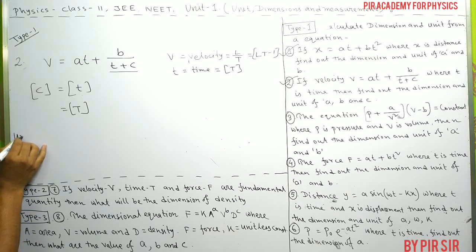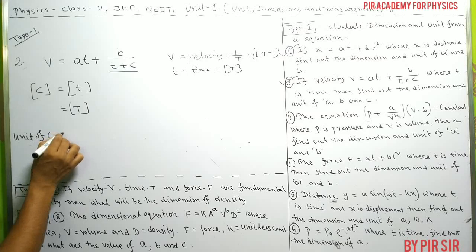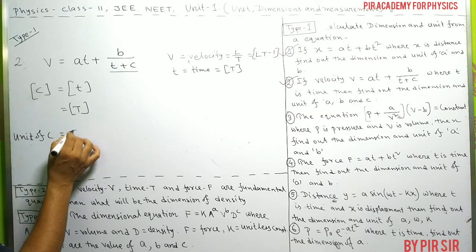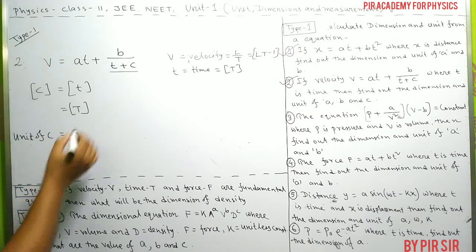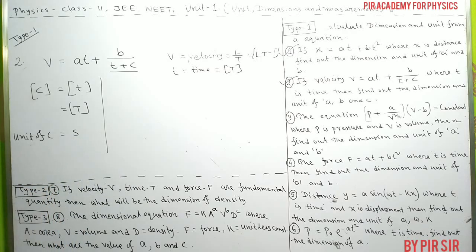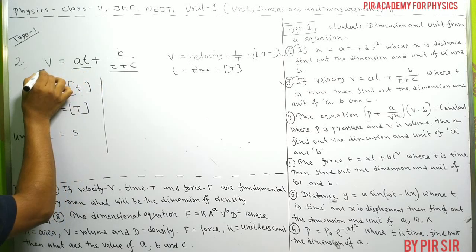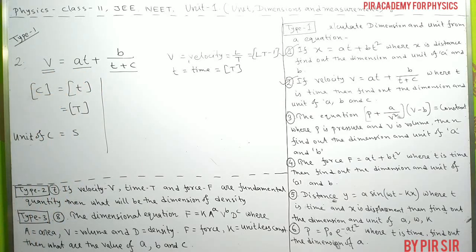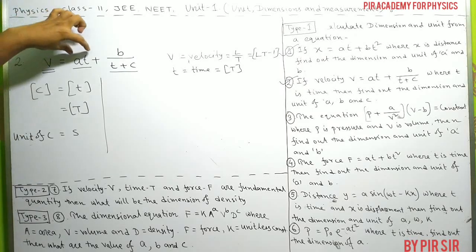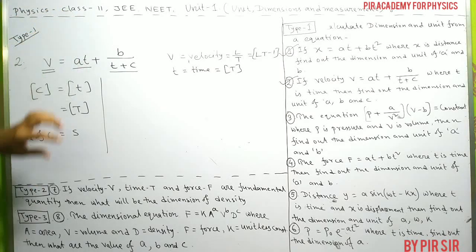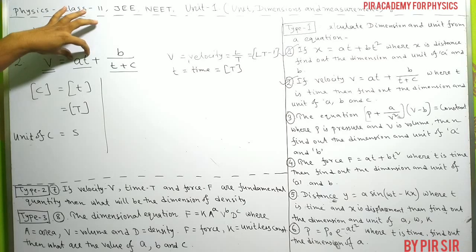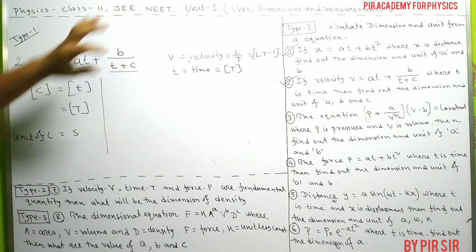That means the unit of C will be second. And here this quantity must be equal to this quantity. The dimension of V must be the dimension of AT, because this must be equal to this.